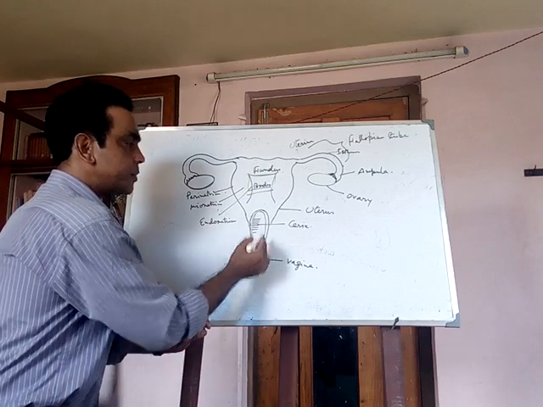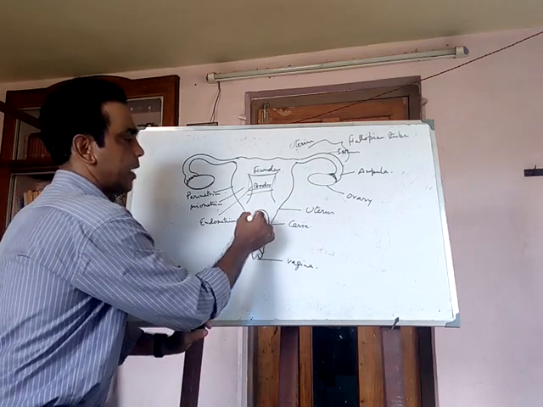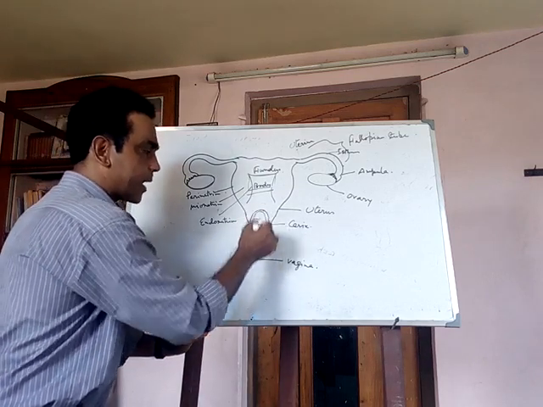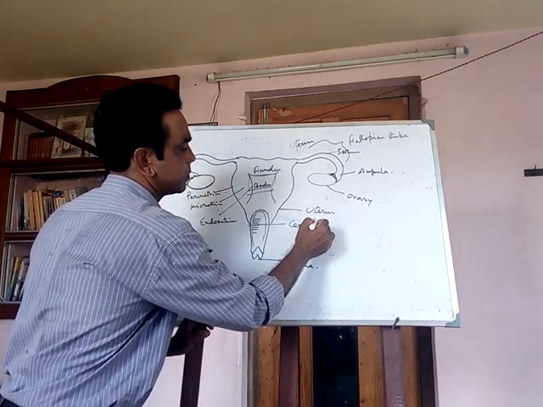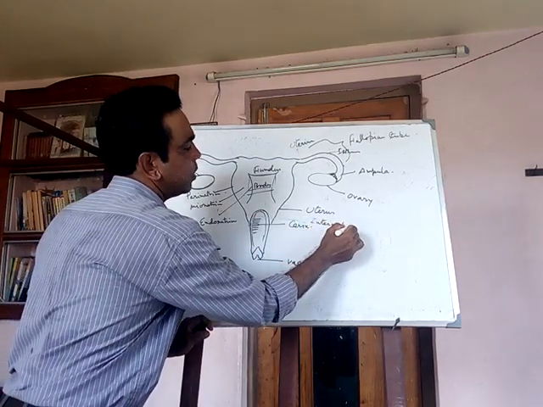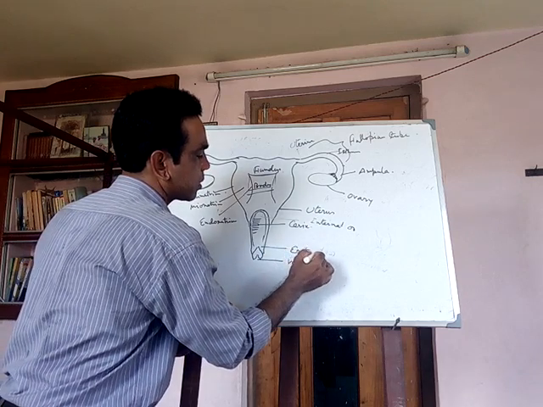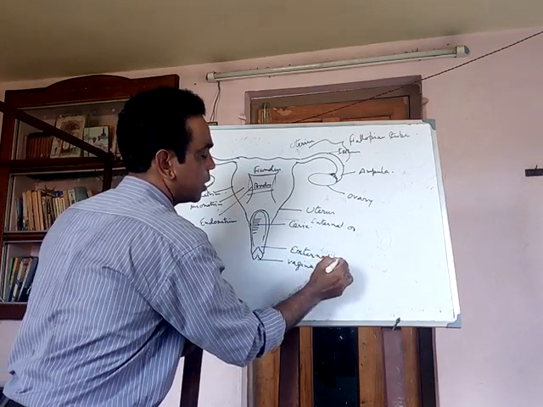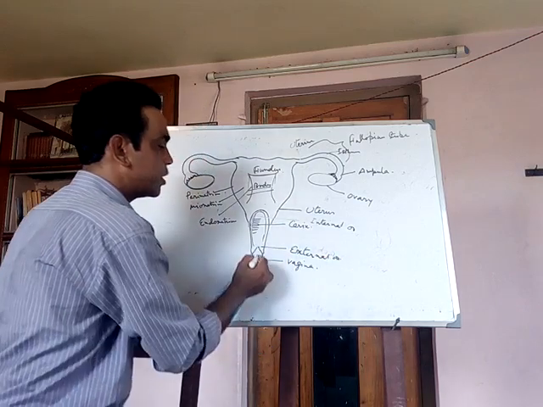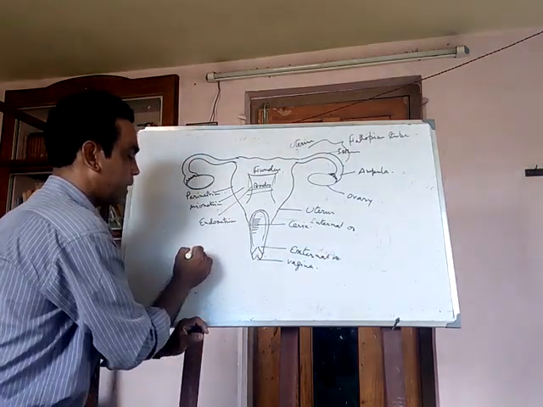That is the cervix and the internal os and external os. The external os meets with the vaginal part, which is called the vulva.